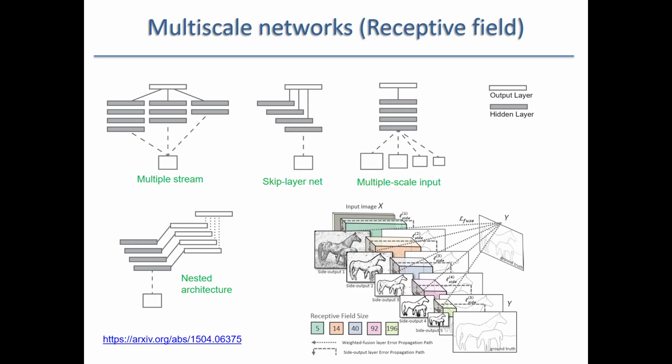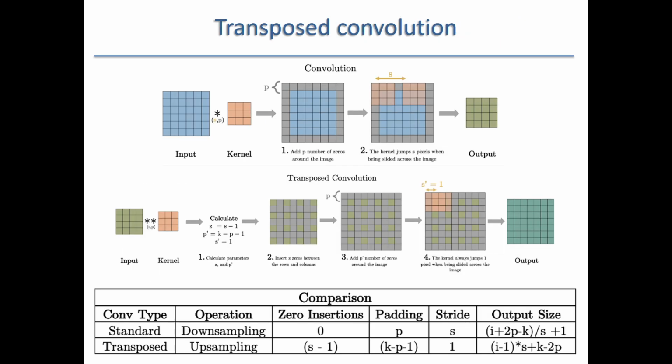And this is actually the art of network design. Putting the layers one after the other, being consistent with the sizes, is not so difficult. But how you design the network so that the output layers are receiving the parts of the information that you are interested in is where the art is.